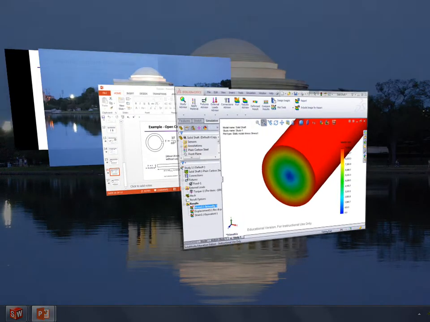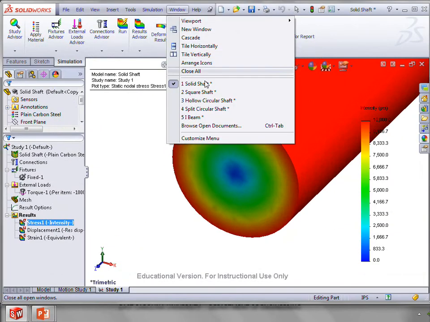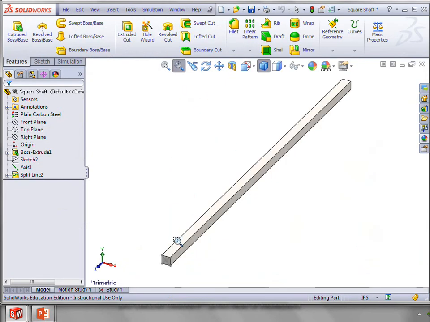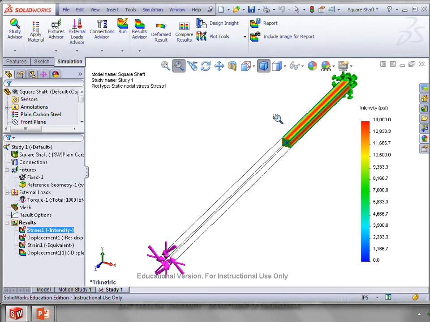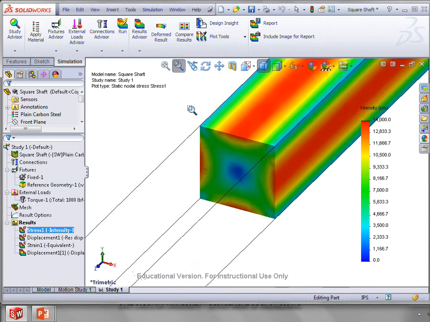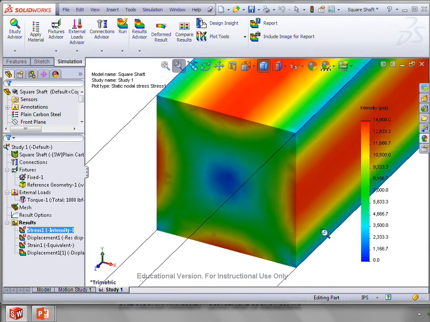So looking at the FEA model for a square shaft, we can see once again that we have 0 stress at the center of the shaft. The maximum occurs at the midpoints of the sides, and very low stress in the corners.